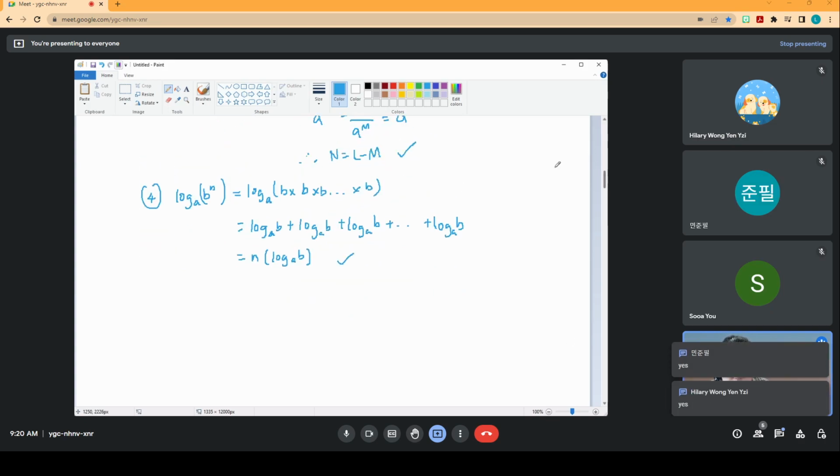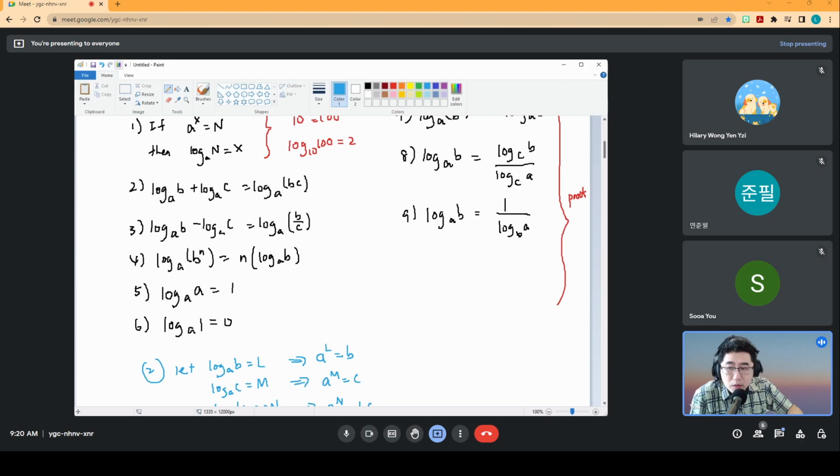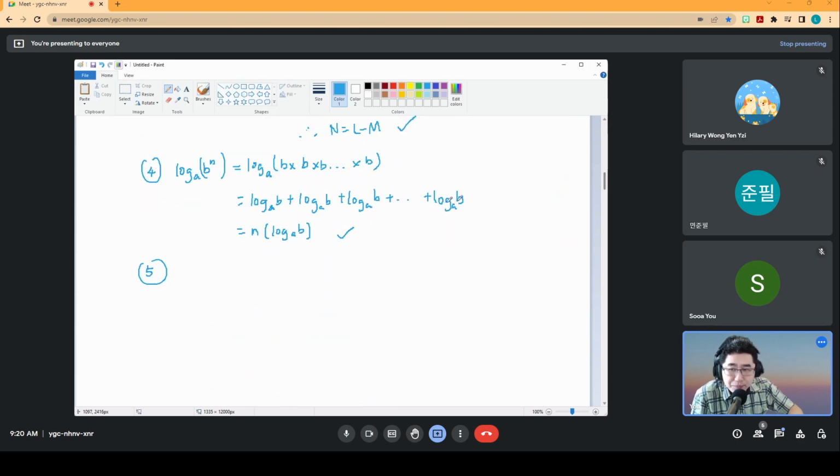Number 5, log_a a equals 1. Again, why is it so? It comes from our indices rule of a to the power 1 equals a.